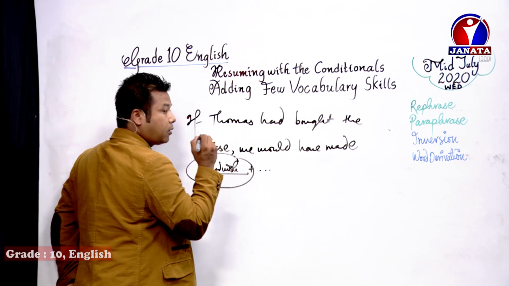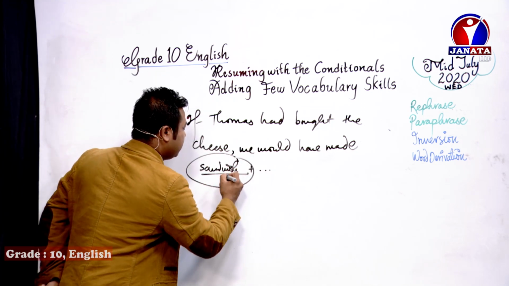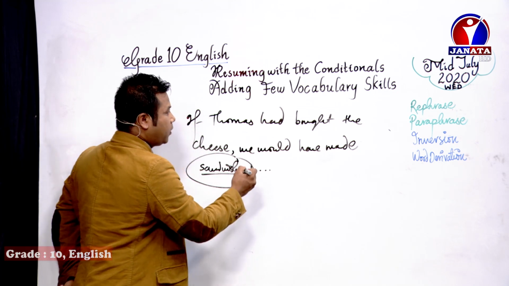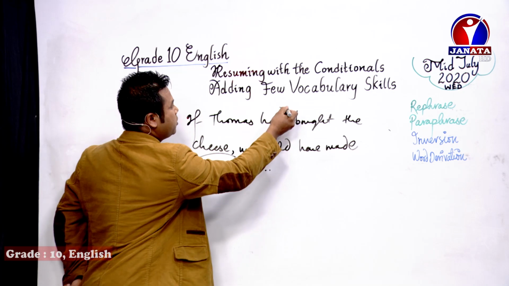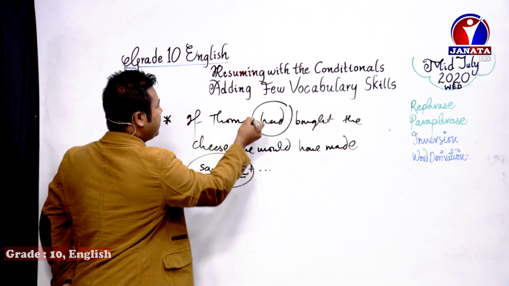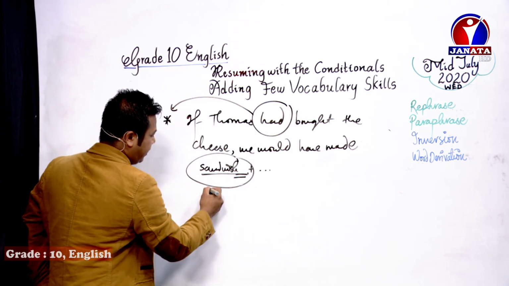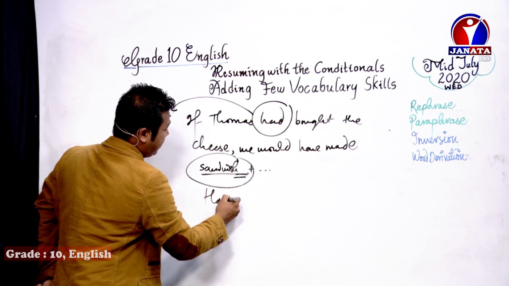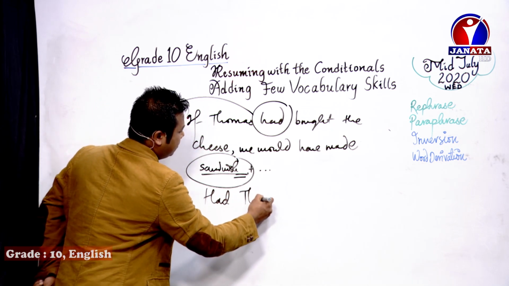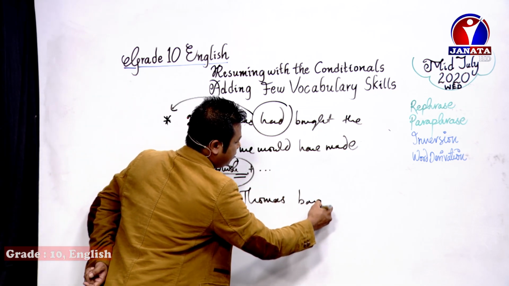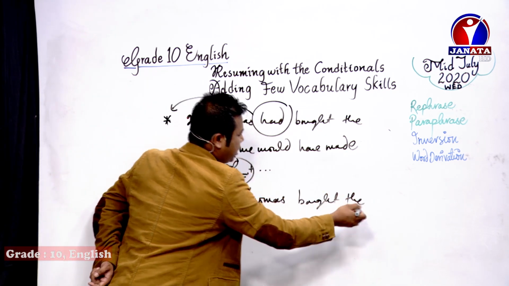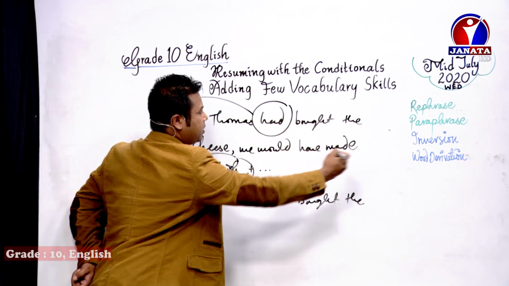Here, the concept is not about this particular idea. We're talking about the transformation. So the transformation happens like the one I taught you previously. This had, if you bring it here, that will read something like, see, had Thomas, all right? Had Thomas bought the cheese, and then you put it on the same thing.